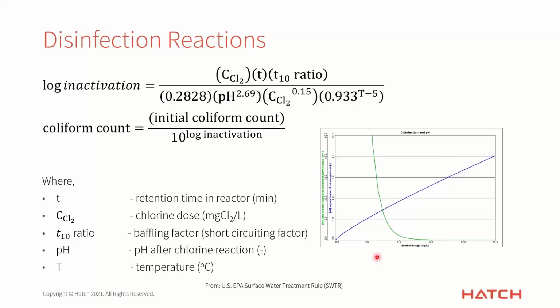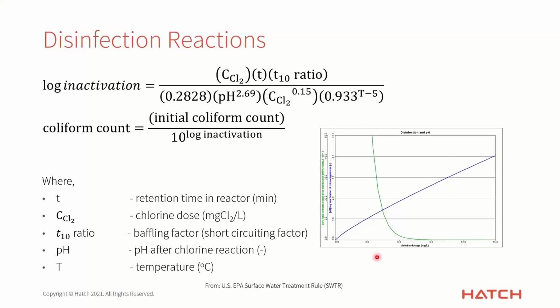So there are two disinfection reactions. There's the log inactivation of microorganisms and the coliform count that are both calculated in GPSX. So the log inactivation term is a mechanistic correlation that does consider kinetics. It uses that T10 detention time I mentioned before. And the coliform count is then simply calculated from that log inactivation term. You can see the figure I have here. It's just to illustrate how this actually looks in GPSX.